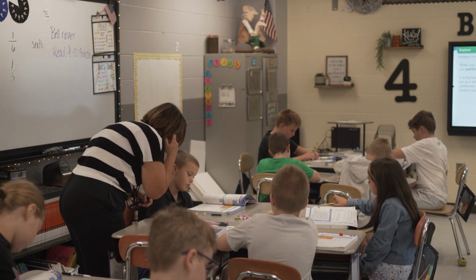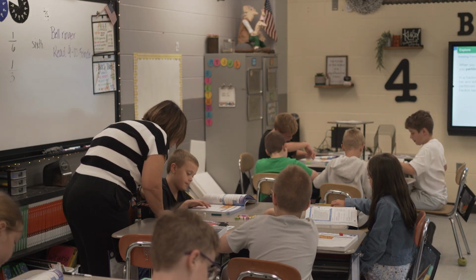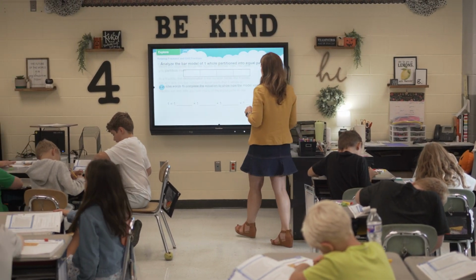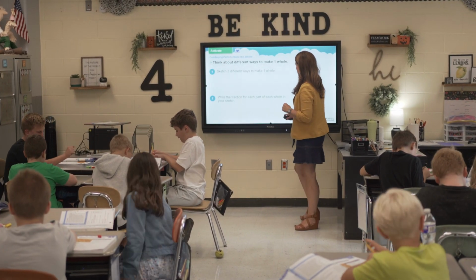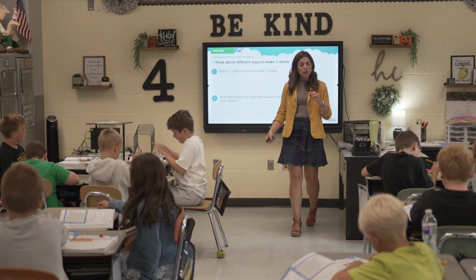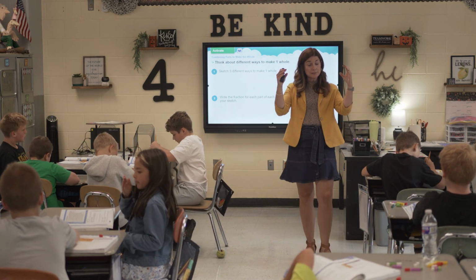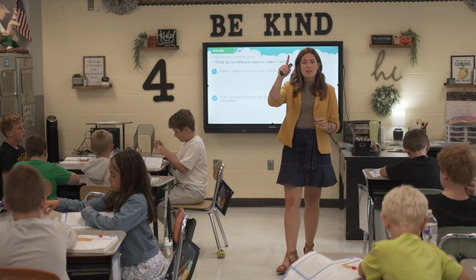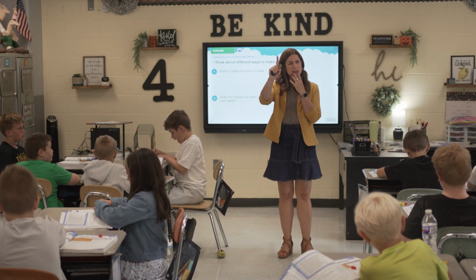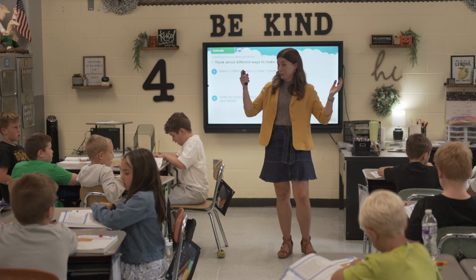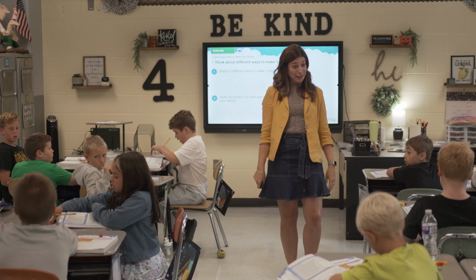All right, so here's what you're going to do next. At the bottom of the page, it's telling us to write the fraction for each part of the whole in your sketch. So on the dark green one, what does dark green represent? A whole. 1 whole. How would we write 1 whole as a fraction? 1 out of 1.